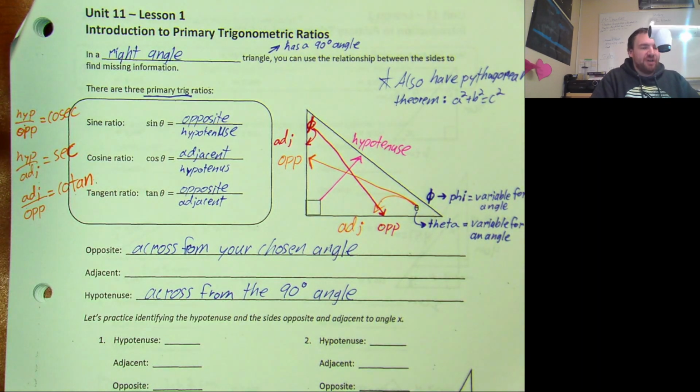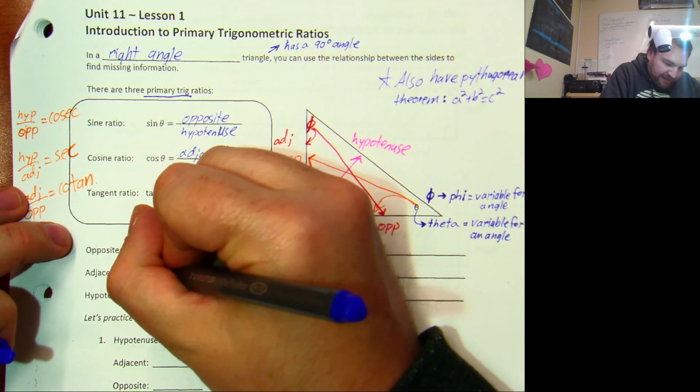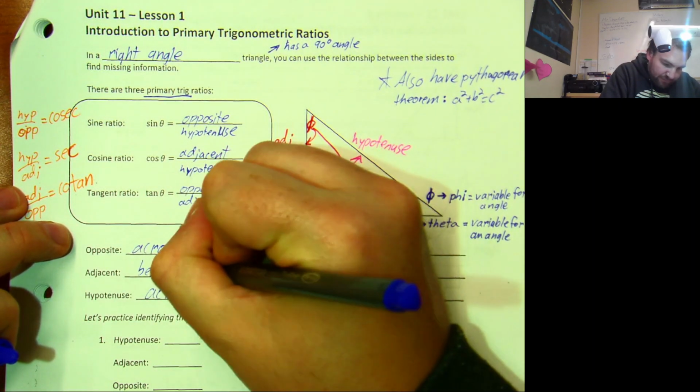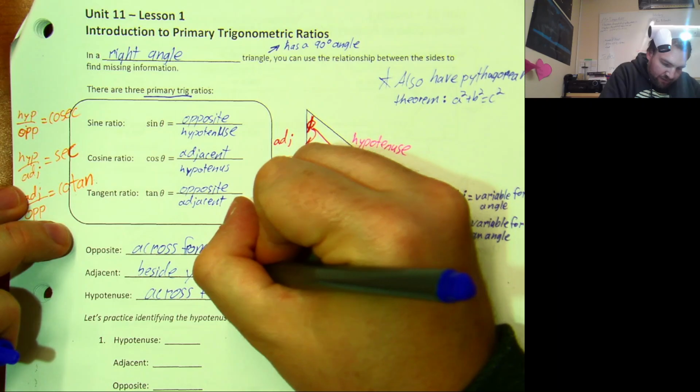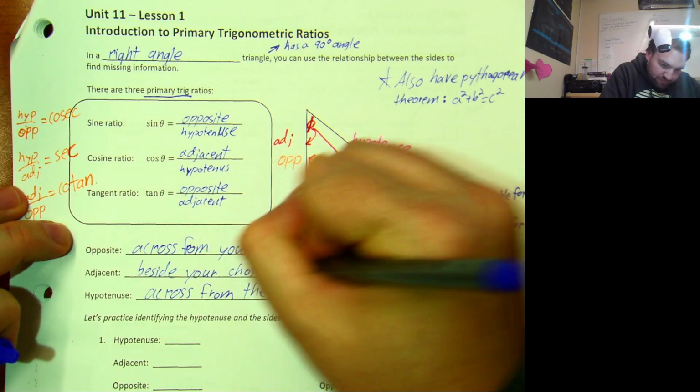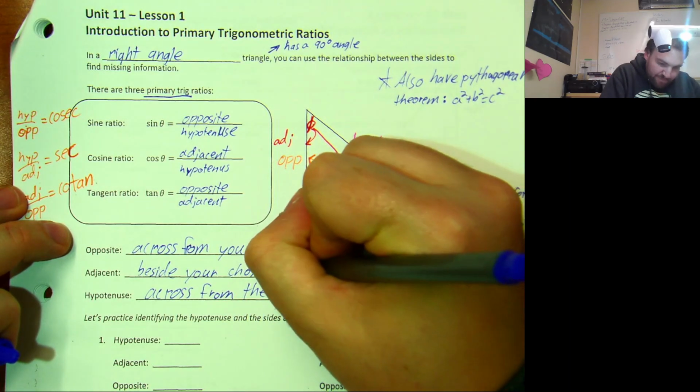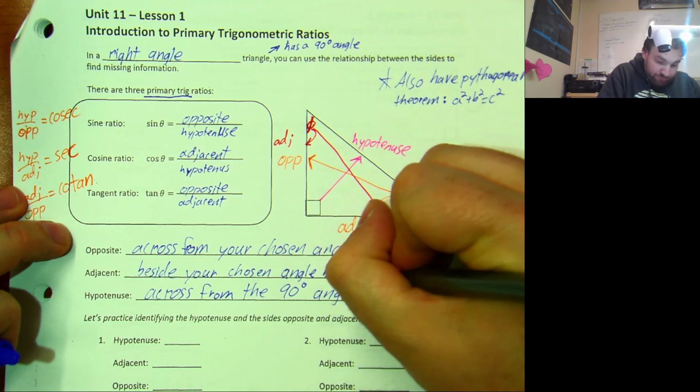And adjacent is the convoluted one. It's beside your chosen angle, but not the hypotenuse.